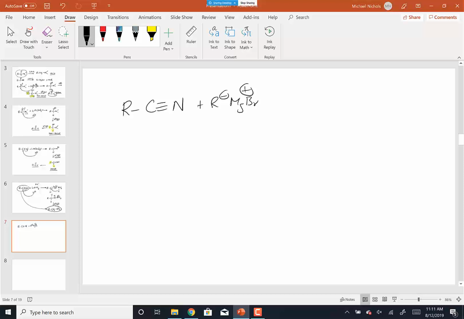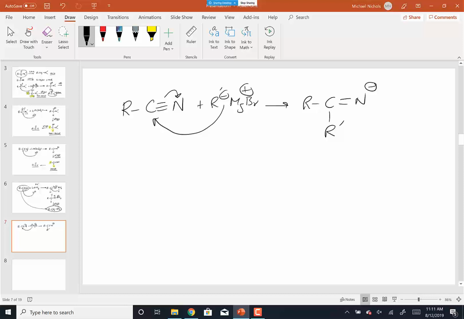What's going to happen? The R minus is going to attack the carbon, and the pair of electrons is going to move there. So now I just added my R group. What happens next? Nothing.